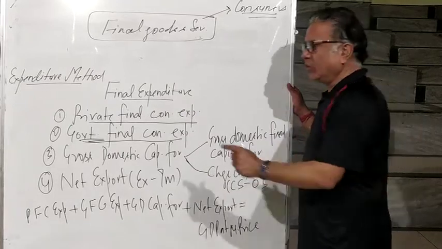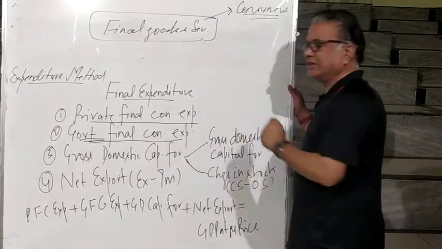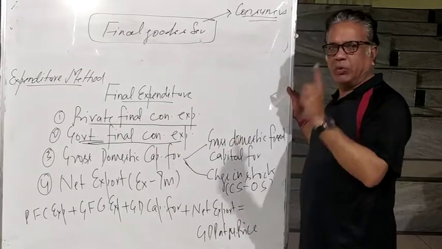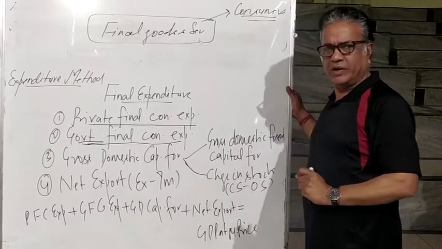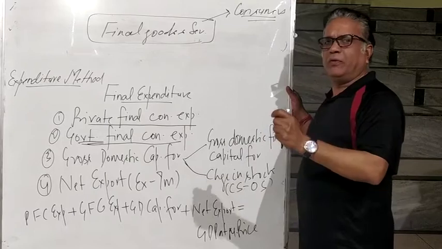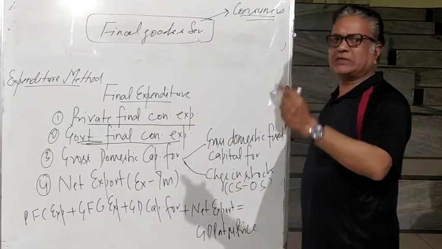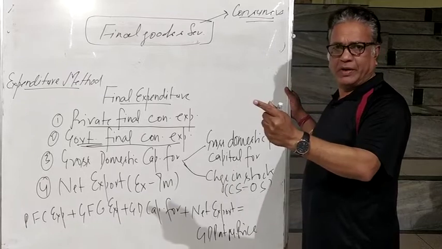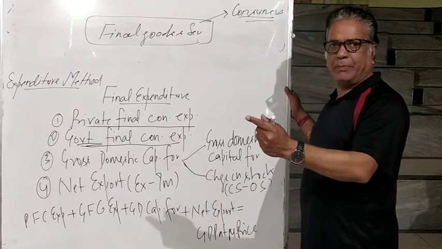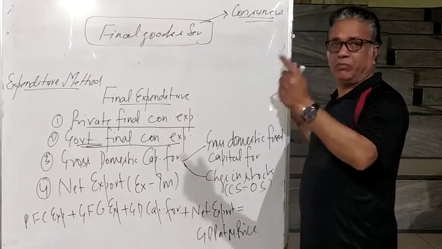Once again, what is the example of private final consumption expenditure? Number one, if the consumer is spending money from his or her pocket. And number two, if on behalf of the consumer, the expenditure is made by any charitable trust, Rotary Club, Lions Club, like this there are a number of charitable trusts.